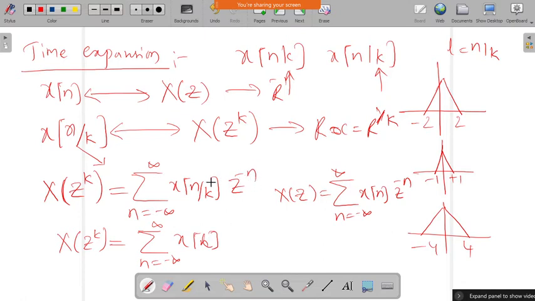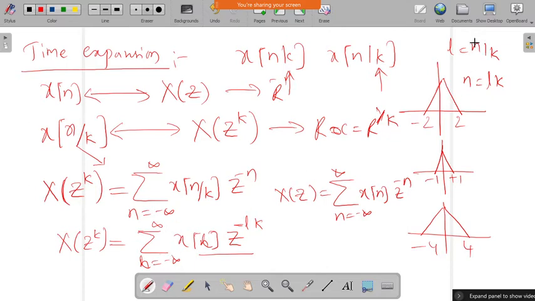So if you put n equal to l into k, then instead of n we get minus l into k. Now you can see this l will also vary between minus infinity and plus infinity.